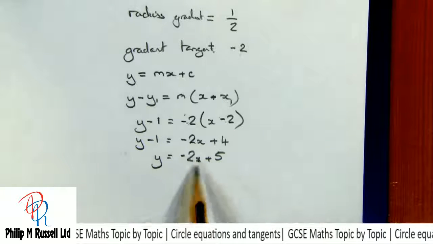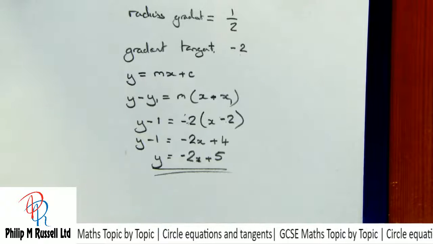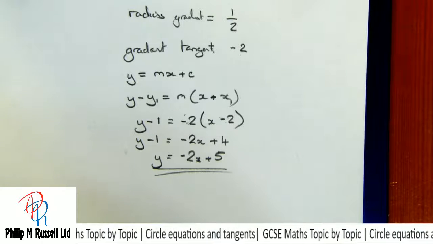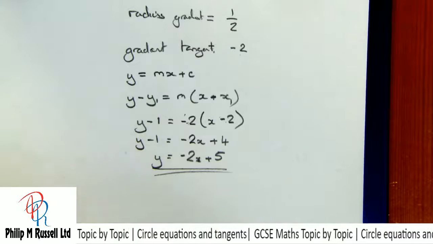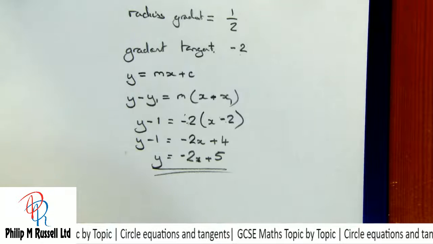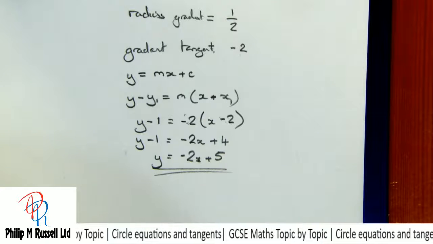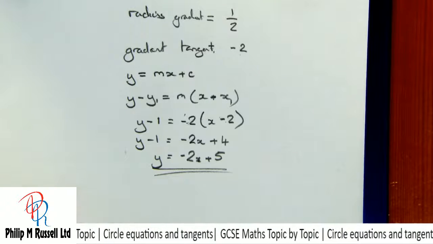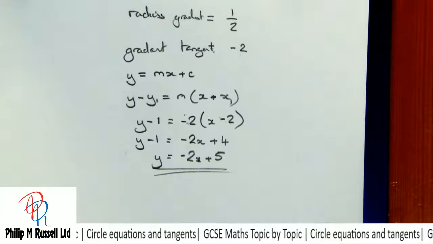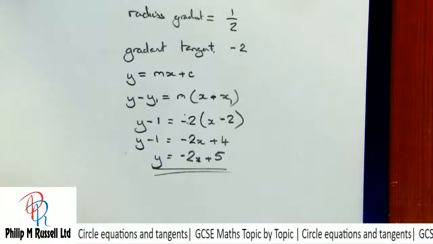And there is my equation of my tangent. So we've got the equation of the tangent worked out quite easily, and so we can work out various other awkward little problems.